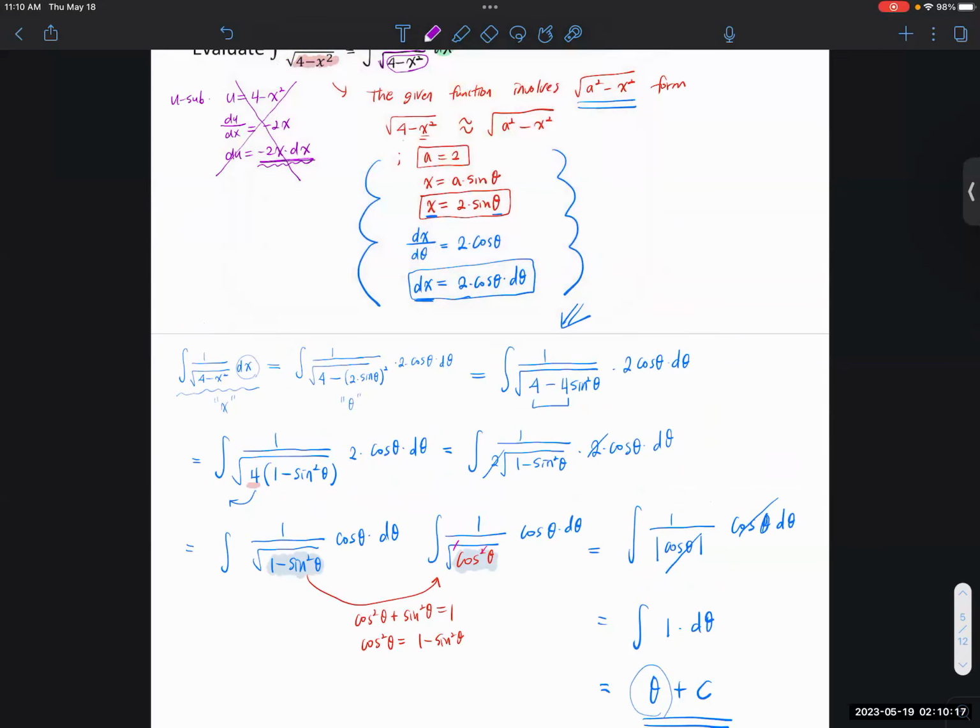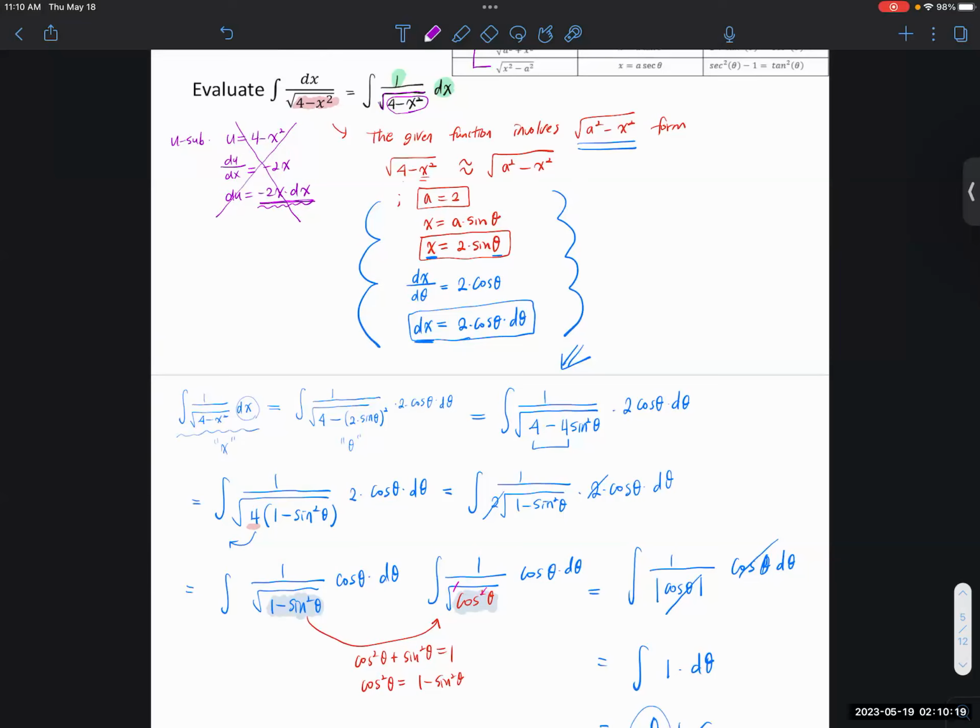So to find out that information, we're going to do a little bit of work. Do you remember we have x equal to 2 times sine theta? So from here, watch me. We have x equal to 2 times sine theta. And then if I divide by 2, x over 2 will be sine theta, correct?